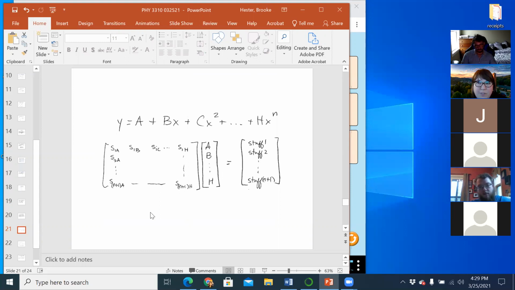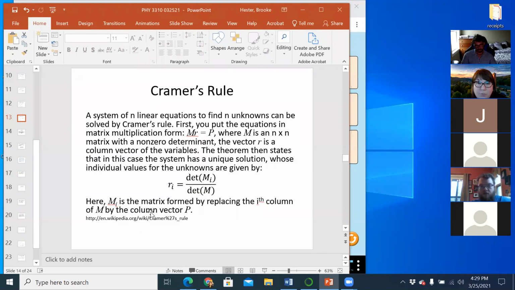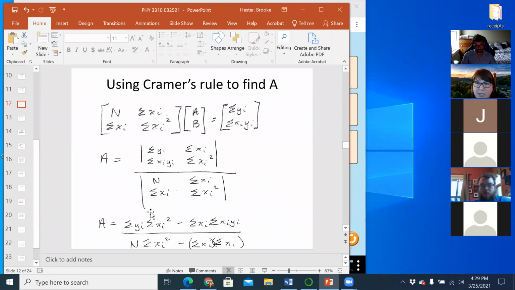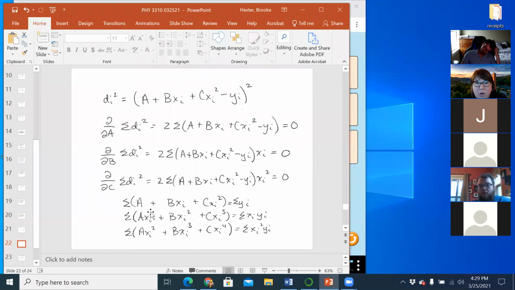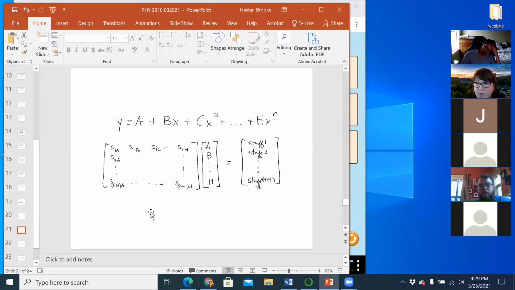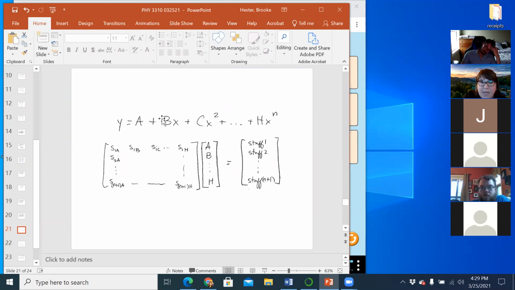And so I just have a bigger matrix than I did before. Before, my matrix was a 2 by 2. That's the smallest you're going to get, for your first order polynomial, y equals mx plus b. The higher order your polynomial, the bigger your matrix and longer your column vectors are going to be. But you do the same basic idea to find those coefficients. The fit parameters are now going to be a, b, c, and all of those coefficients for each term in your polynomial.